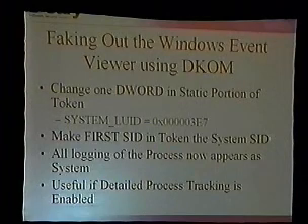I just changed the auth ID or session ID to the system LUID, and half of the event viewer was faked out by it and the other half wasn't. So it's sort of just a halfway solution. I had to go back and figure out exactly how the Windows Event Viewer determined who the owner of the process was, and it simply does that by looking at the first SID within the SID and group structure.